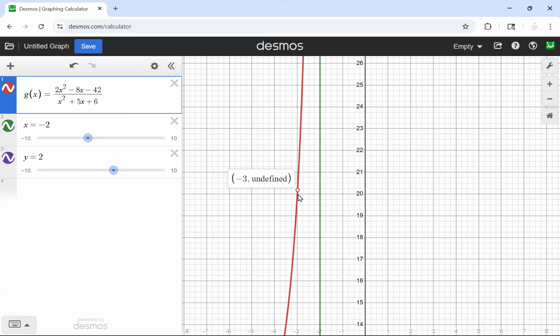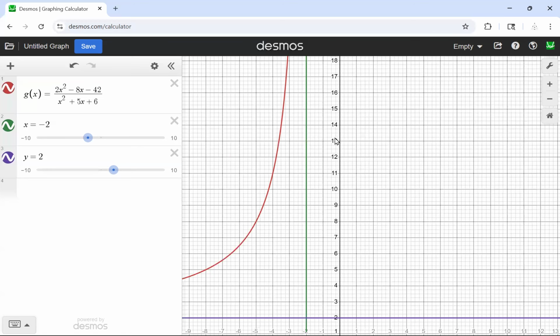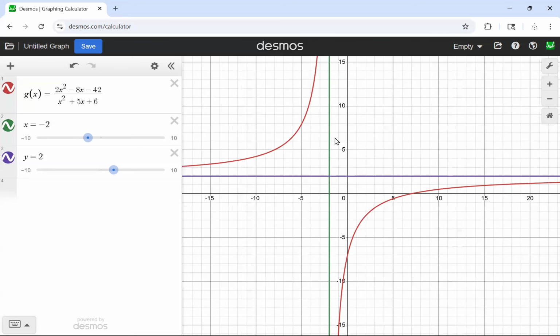But you get a little hole instead of an asymptote because x plus 3 was a factor of both the numerator and the denominator. So there's a little hole in the graph that you really can't see unless you trace to that point. But there you go. At -3, we saw we had a hole.